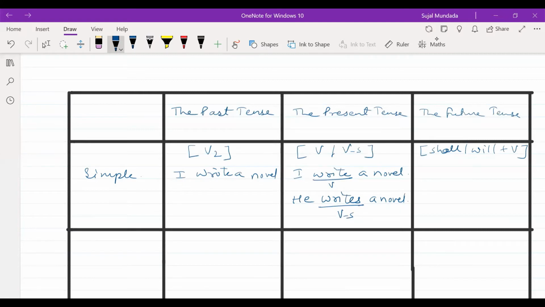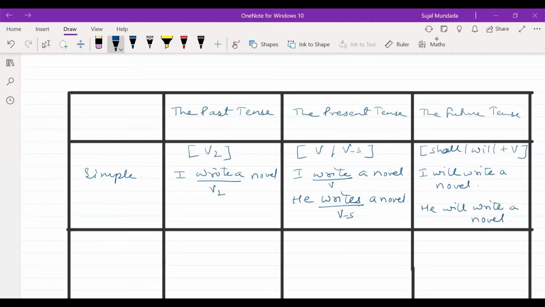So here we have seen the verb structure is V or VS. In simple past tense, we have V2 form of the verb. In simple future tense, the same sentence we can write like, I will write a novel, or he will write a novel.